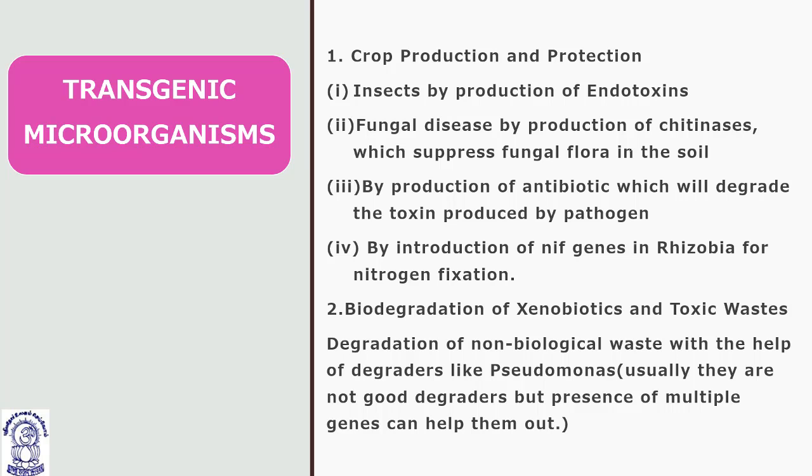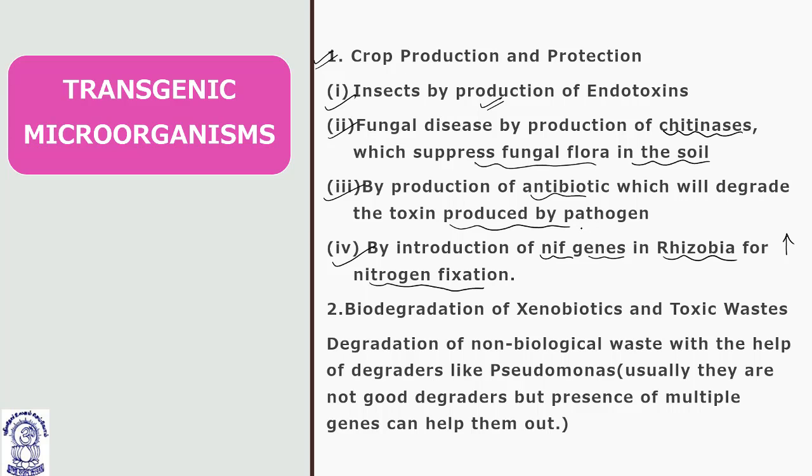Various microorganisms are used to improve crop production and protection, against insects by the production of endotoxins, against fungal diseases by the production of chitinases, which suppress fungal flora in the soil, by production of antibiotics which degrade the toxin produced by pathogens, and by introduction of nitrogen fixing genes in rhizobia for increased nitrogen fixation. So crop production and protection can be improved by all these methods.